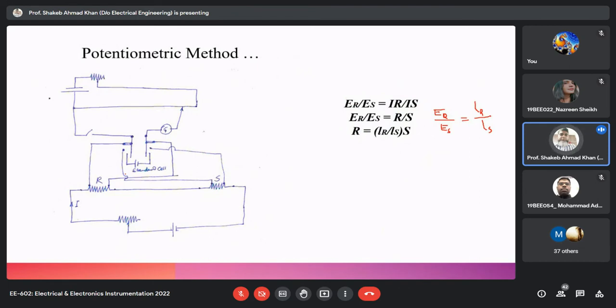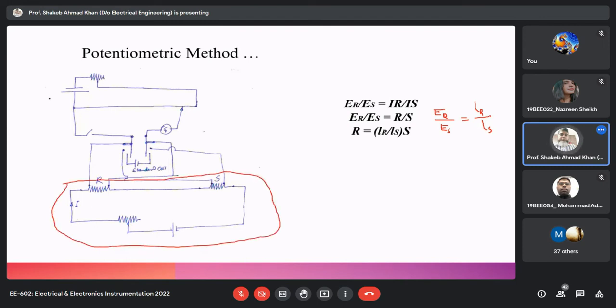So here you can see that this is your potentiometer, whatever we have discussed, and we are using this potentiometer to measure the voltage drop across the unknown resistance and across the known standard resistance, and they are connected in series. This is your circuit.